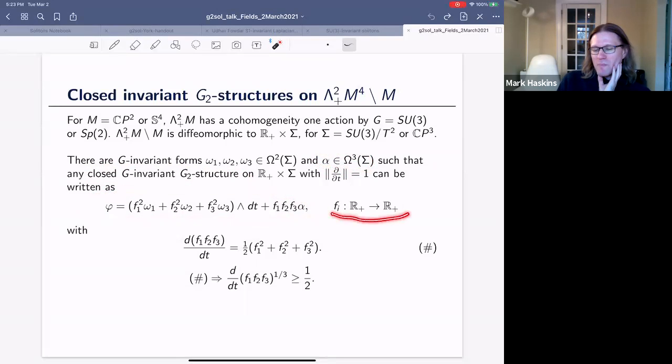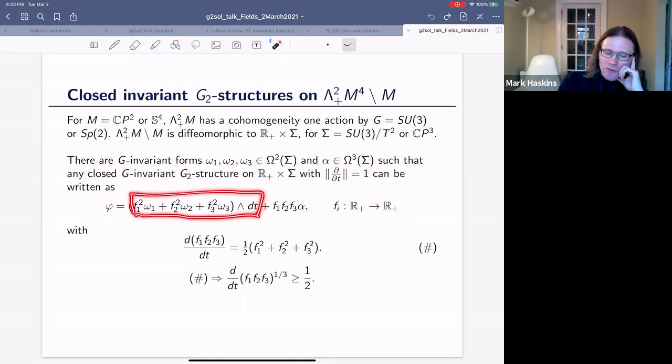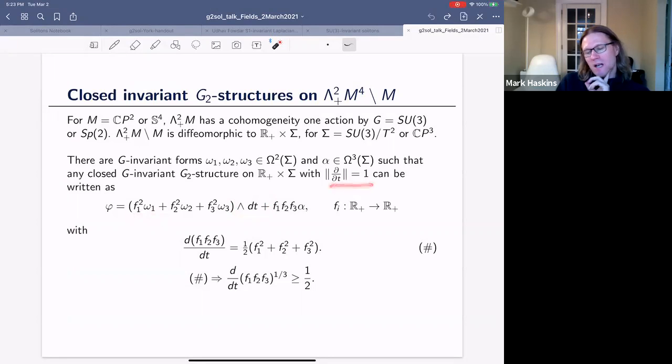I've got 3 positive functions, f1, f2, f3. My 3-form is the sum of f_i omega_i, wedge dt, where t is the arc length coordinate perpendicular to the orbit, and then there's this final term, the product of the f_i.